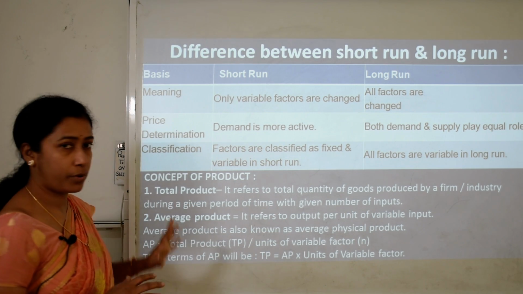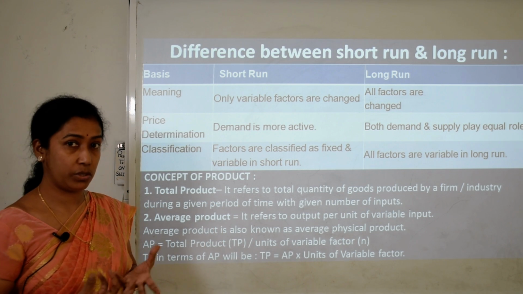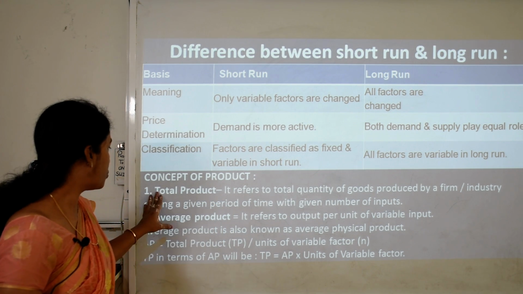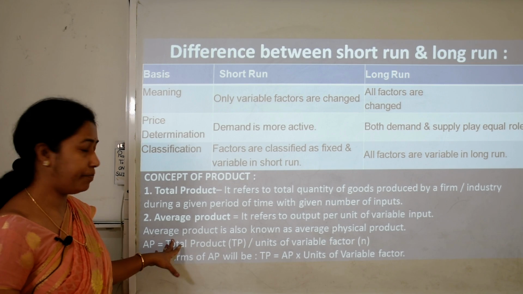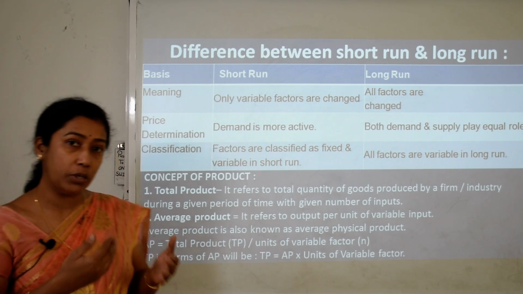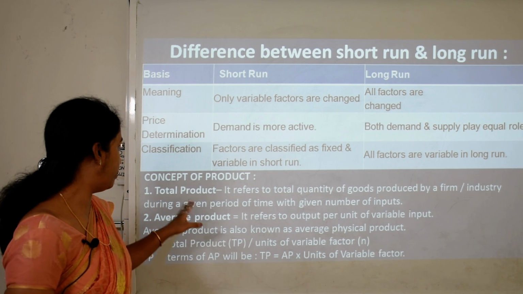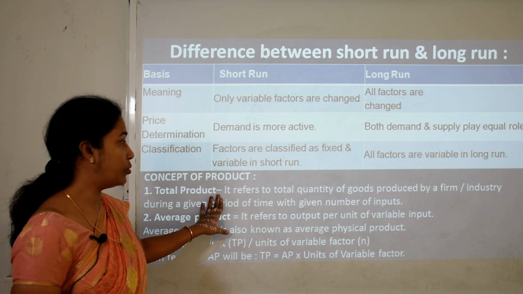Now the concept of product, when we talk about production function. What is product, which is the root word of production? It can be divided into three: total product, average product and marginal product, and we require this for calculation when we have a tabular presentation. First we talk about total product.